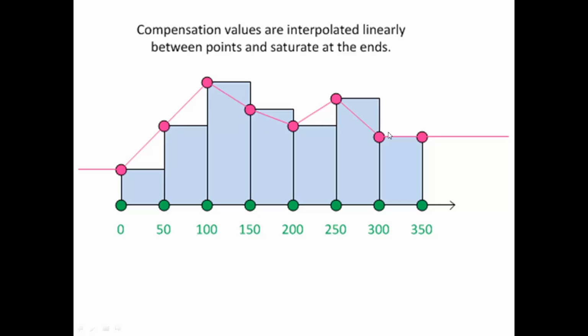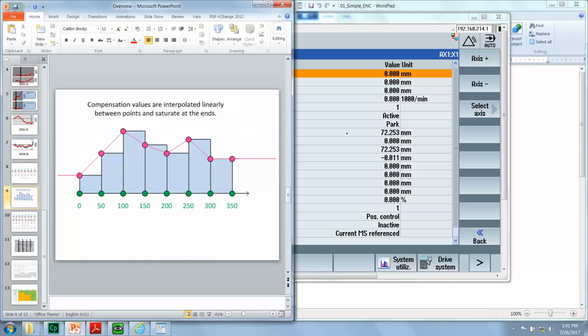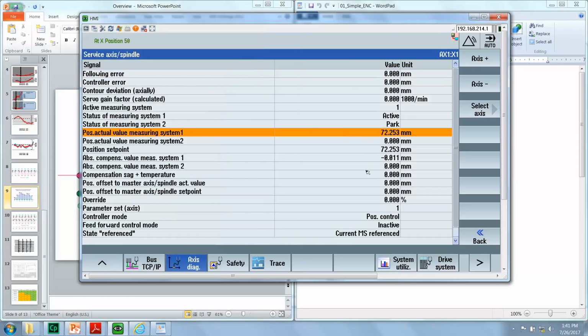So whatever shape we have, the control just automatically calculates the difference in space between the two of them, looks at the difference in comp, and weights it based on how close you are to each side. So as we go slowly past 75, we go to 0 comp, and we start pushing 0.1.